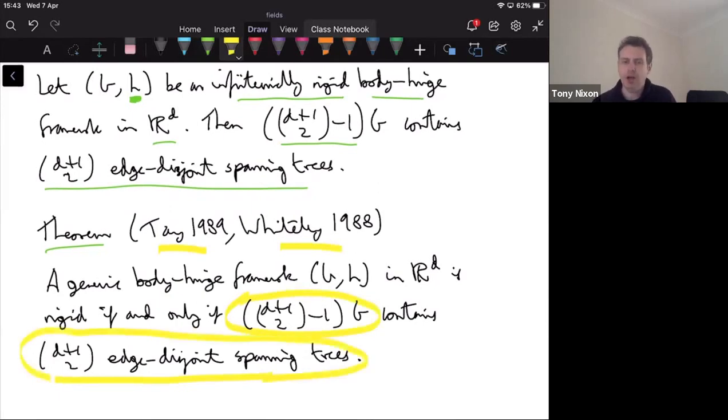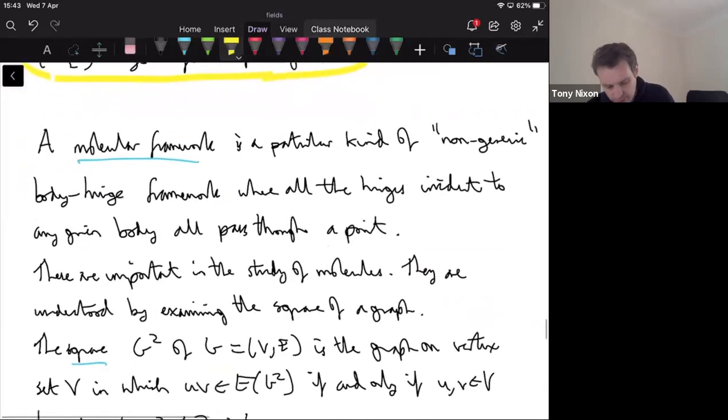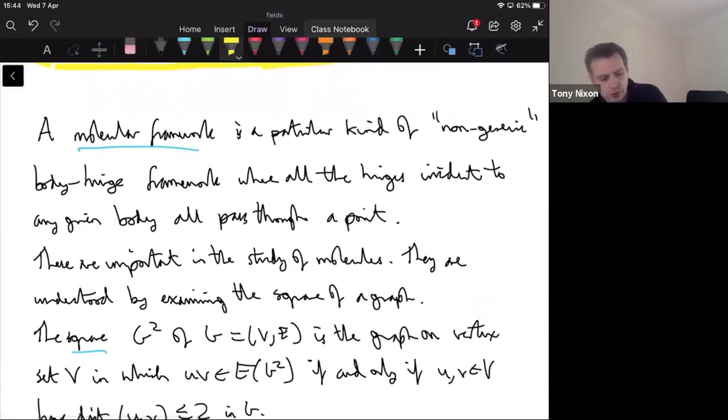Okay, I'm rushing through. There is another kind of structure called a molecular framework, which is basically a body-hinge framework, except that in the body-hinge framework I was always thinking of the bodies and hinges as being nicely generic. So I thought of it as bar-joint with bodies as complete graphs and hinges as (d+1 choose 2) minus 1 parallel edges. Then everything was a generic bar-joint framework.